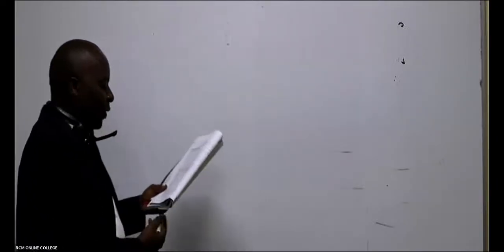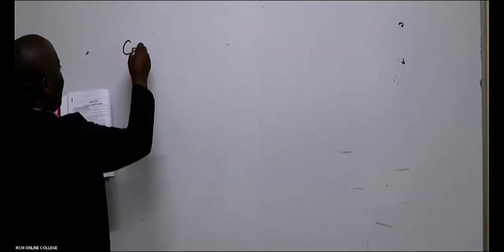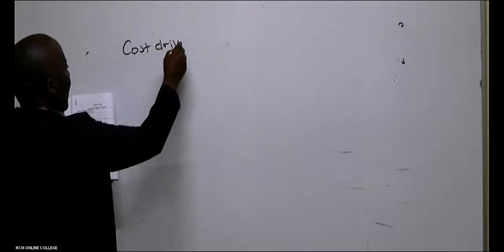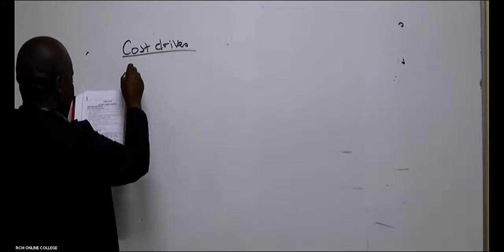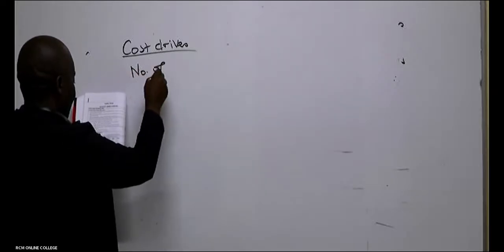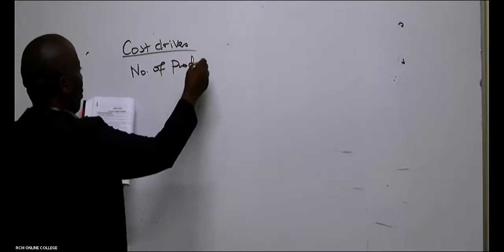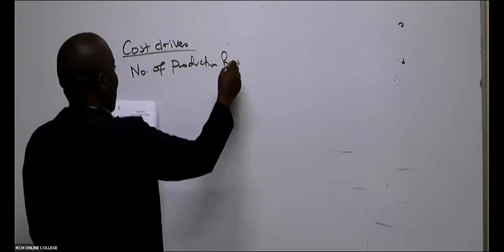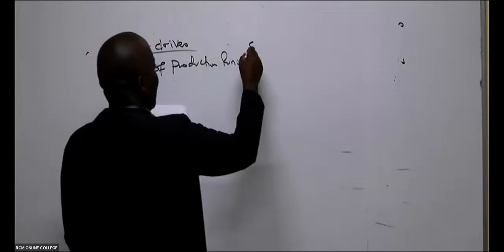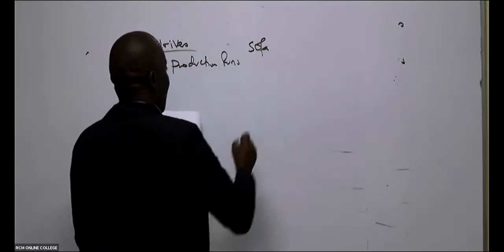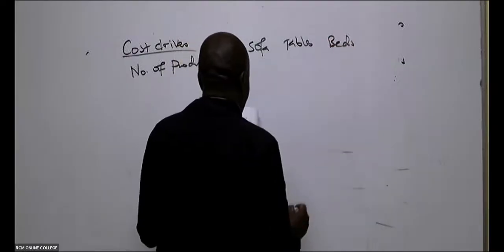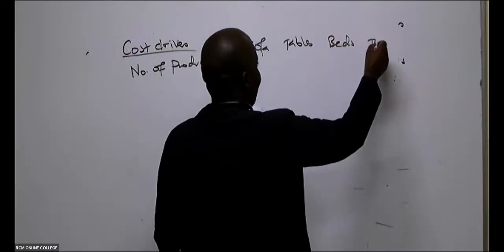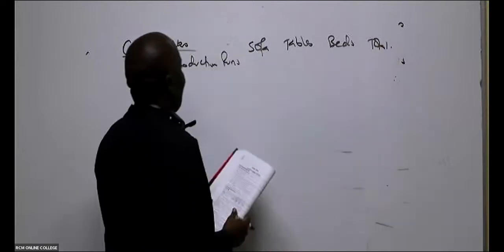So we have here cost drivers. I have number 1, number of production runs, where I can see we have the sofa, tables, beds, and total. These are really important.